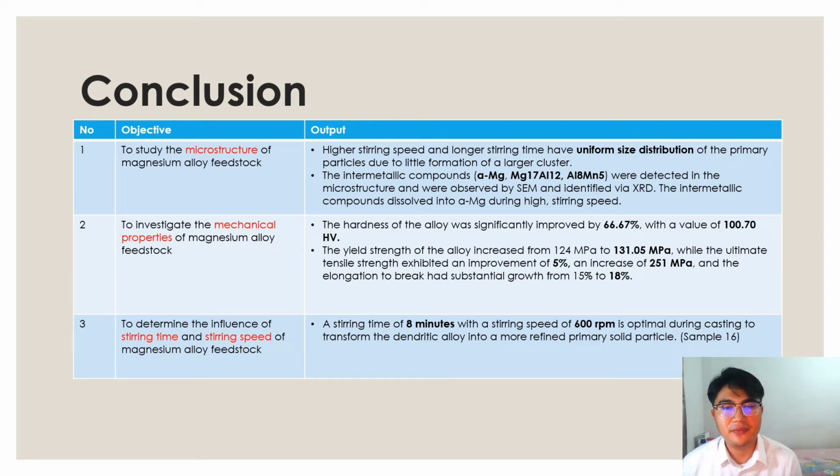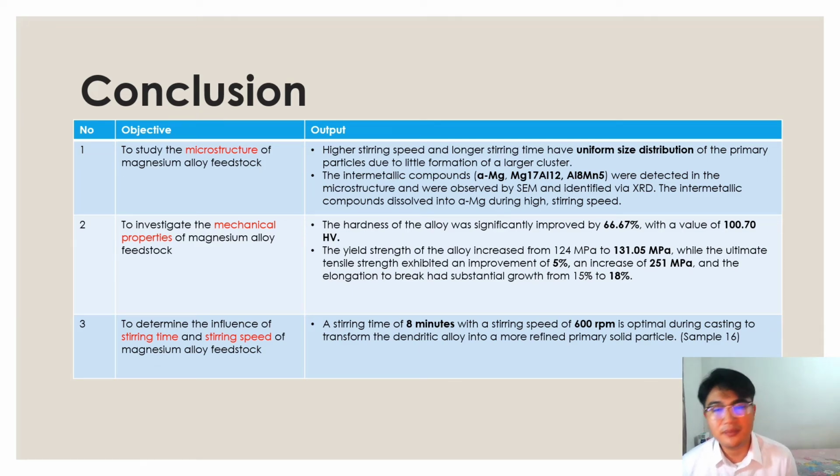For the second objective, the output is that the hardness of magnesium alloy was significantly improved by 60.67% with a value of 100.7 HV. The yield strength of the alloy increased from 124 MPa to 131 megapascal, while the UTS exhibited an improvement of 5% to 251 megapascal, and the elongation to break had substantial growth from 15% to 80%.